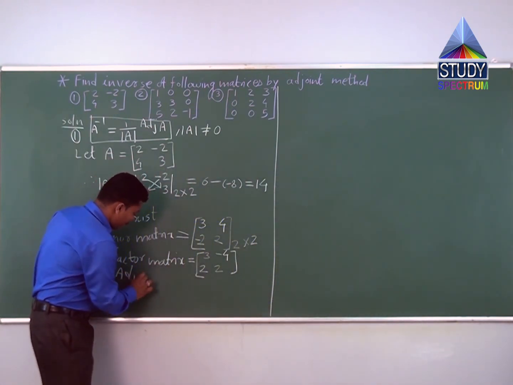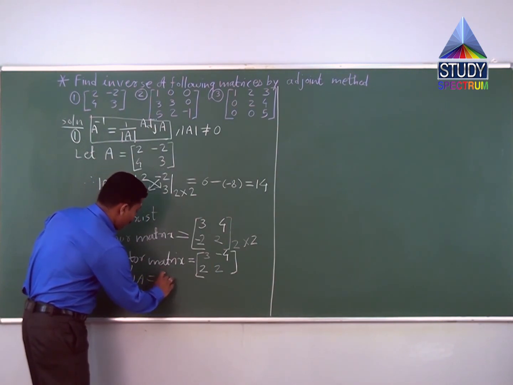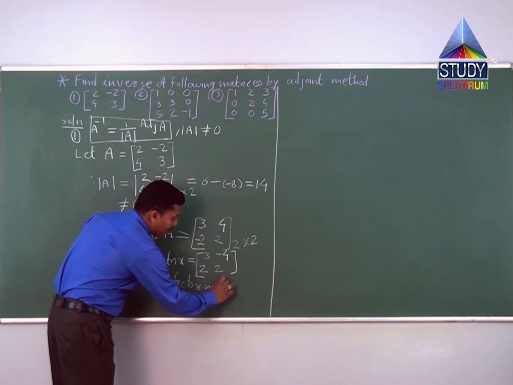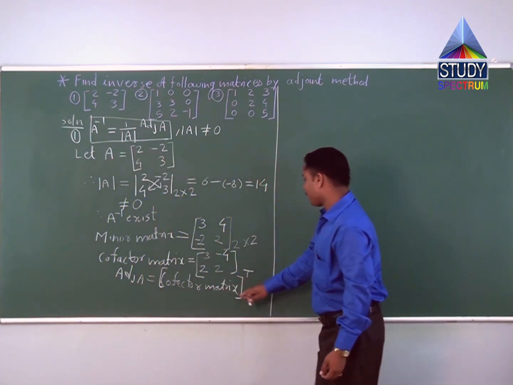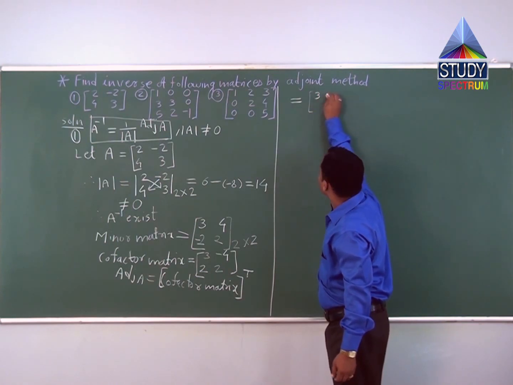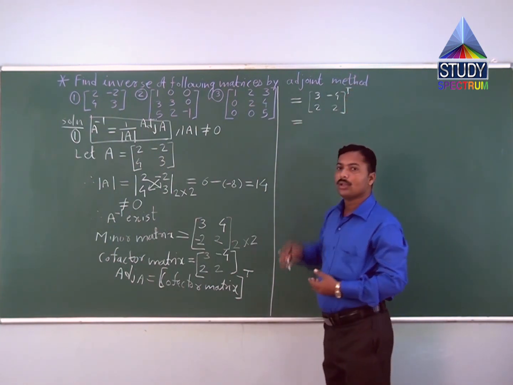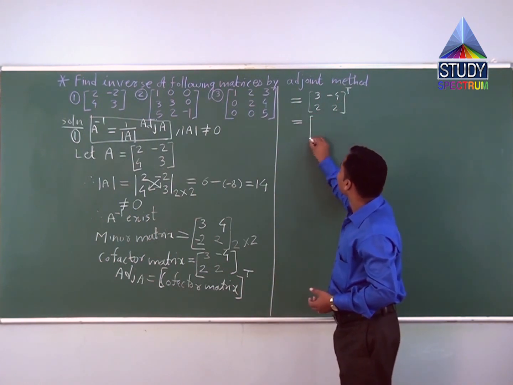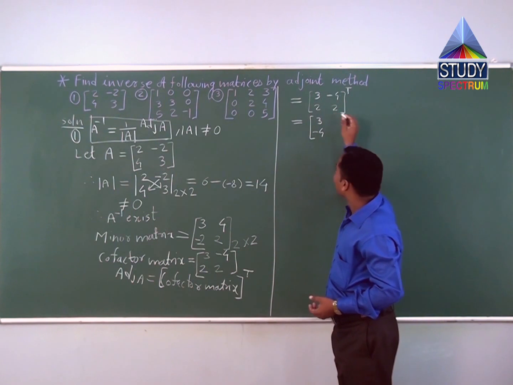Formula: adjoint of A equal to the transpose of the cofactor matrix. So equal to the transpose of this cofactor matrix, that is, 3 -4 2 2, its transpose. Now what is the meaning of transpose? Convert row into column. Make your rows into columns and you will get the transpose of the matrix. So row 3 -4 becomes the first column, 3 -4. Second row becomes the second column, so 2 2.